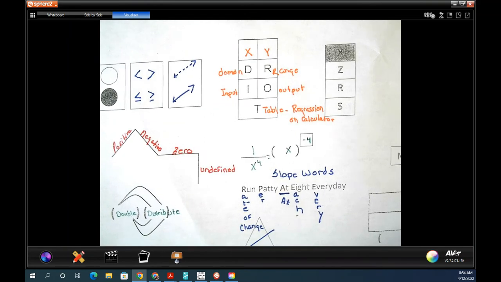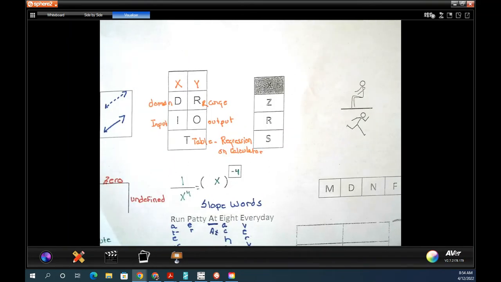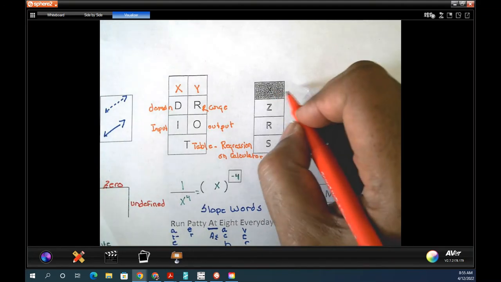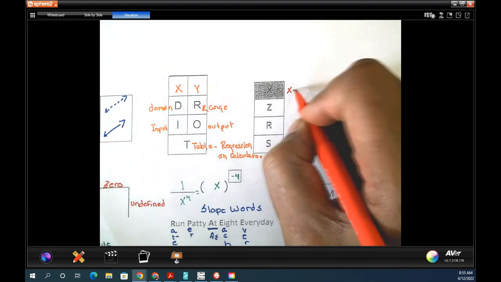All right. Now, let's go up here to X. We are talking about this. We've been talking about this. This X stands for x-intercept.